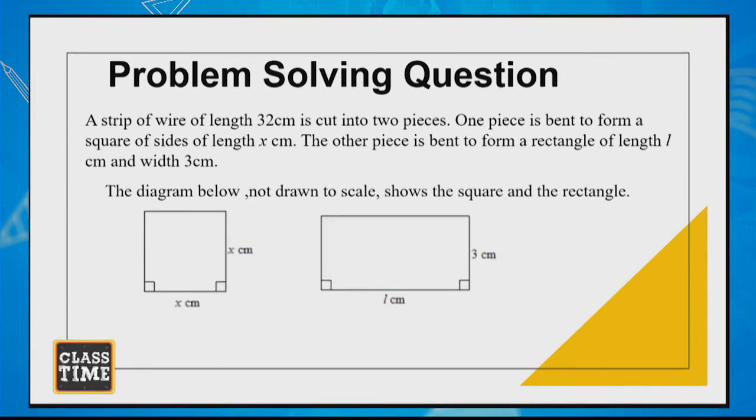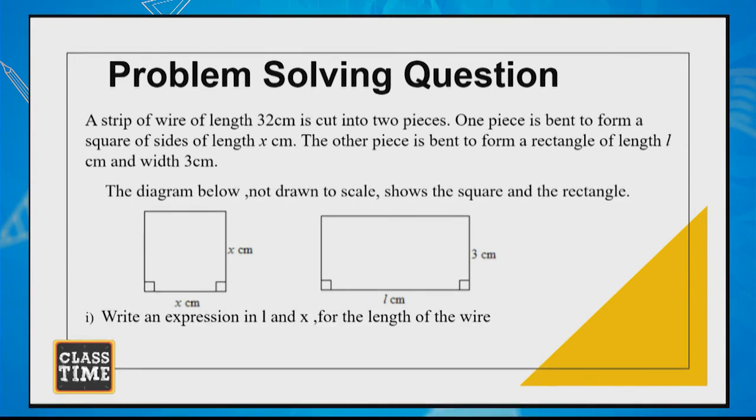All right. So here we have the square and the rectangle, and we're going to do some working out with it. So we've gone ahead and labeled. Awesome. And we're asked to write an expression in L and x for the length of the wire.